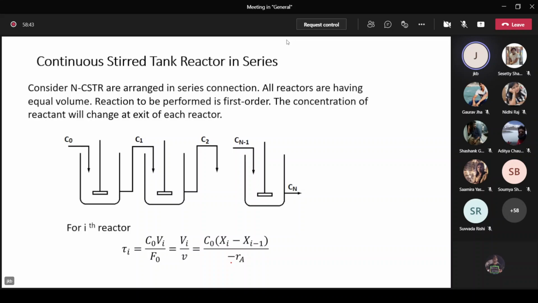So if we write Vi by V, C0 is taken here.